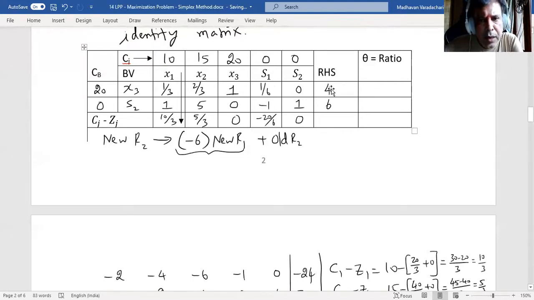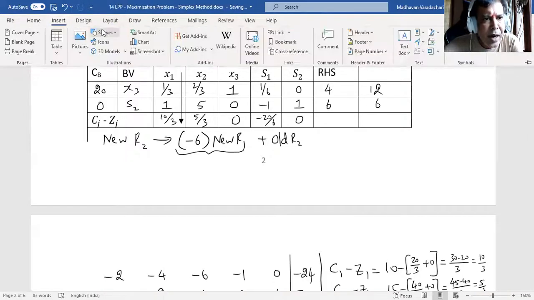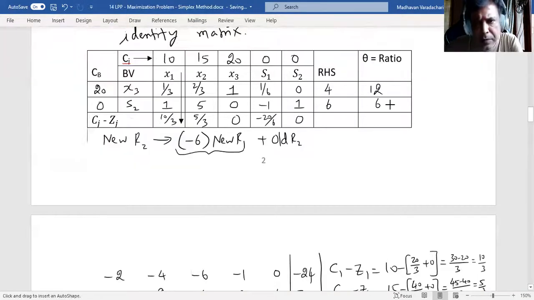How do I calculate? That is RHS divided by the corresponding pivotal element, which is 4 divided by 1 by 3. 4 divided by 1 by 3 is the same as 4 multiplied by 3. So it becomes 12. Then the next one, 6 divided by 1, it is 6. So among these two theta values, we need to identify the least positive. Least positive is this 6. Let me mark it with an outward arrow mark like this.